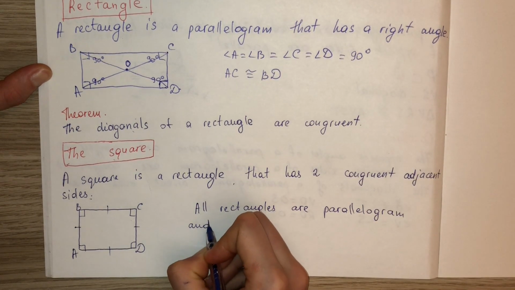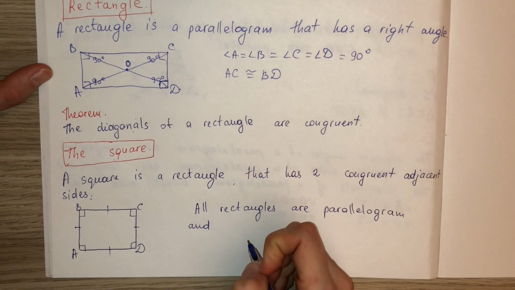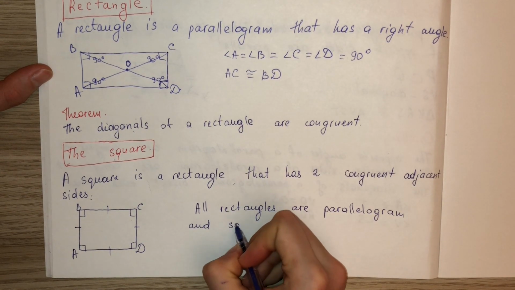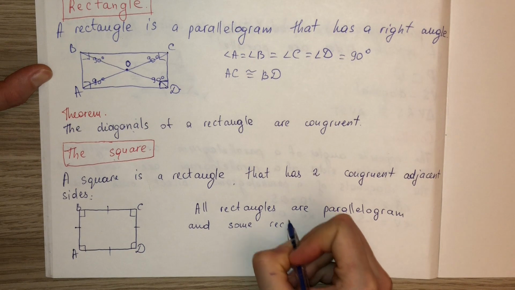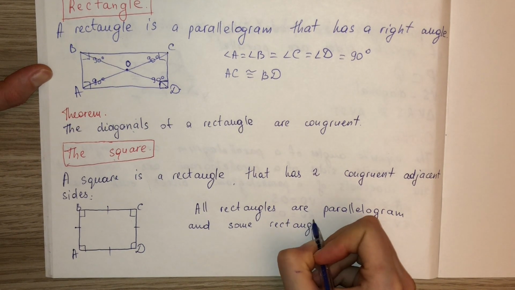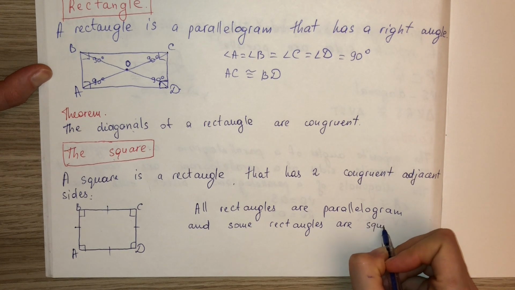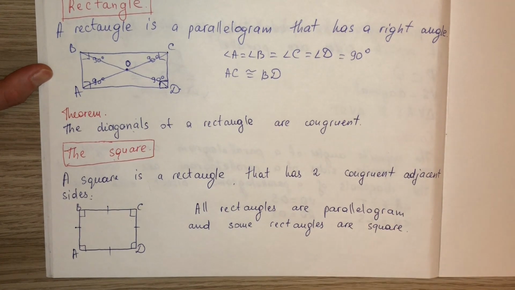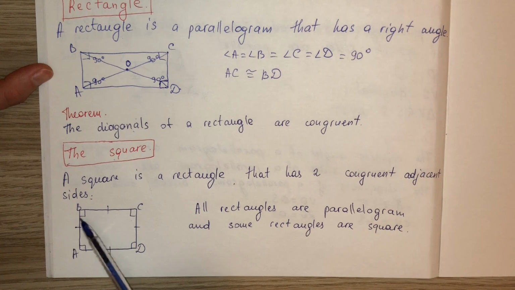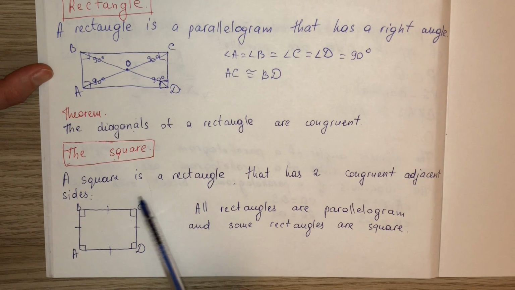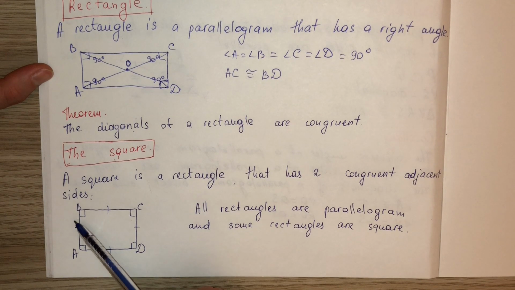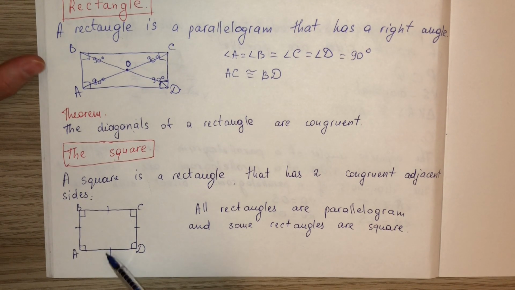and some rectangles are squares. It means that if all sides of the rectangle are equal to each other, then this rectangle is a square.